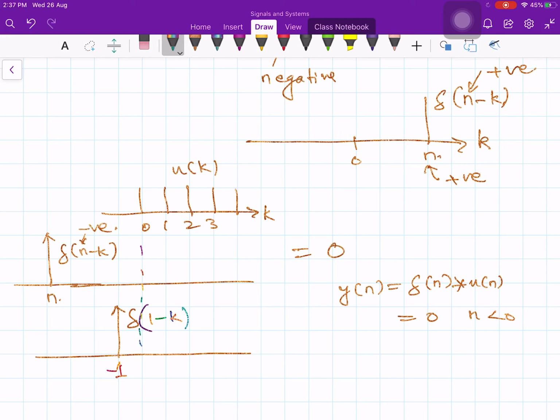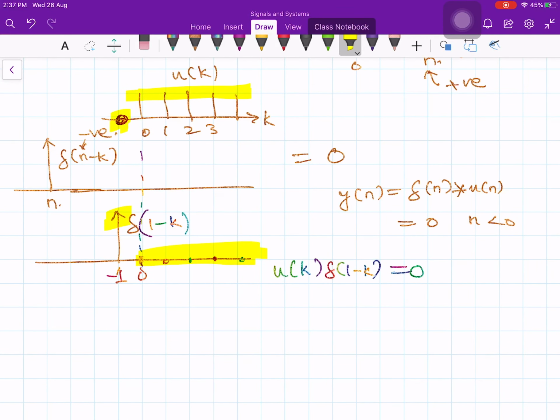Then if you multiply u of k with delta of n minus 1, delta of 1 minus k, again you will get 0 term by term. Here the value is 0 and here this is non-zero. This is 0, this is non-zero 1, and these are all 0, but here all are 1, and here all are zeros.